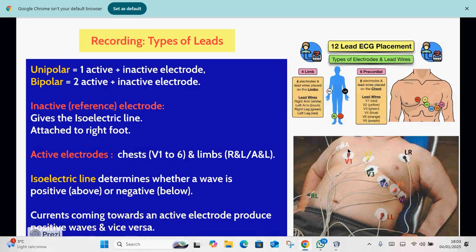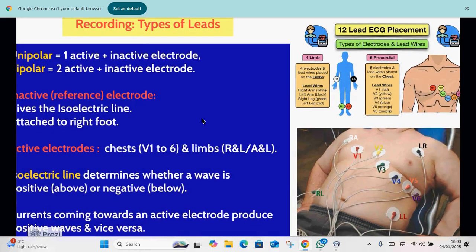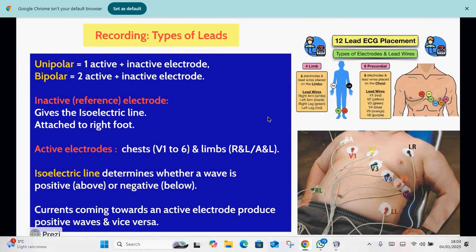Yeah, okay. The active electrode in the 12 leads can be either 1 or 2. If it is 1, these are called unipolar leads, and if it's 2, these are called bipolar leads. Is that clear? Yeah, clear.